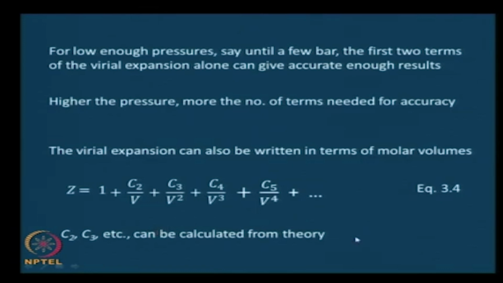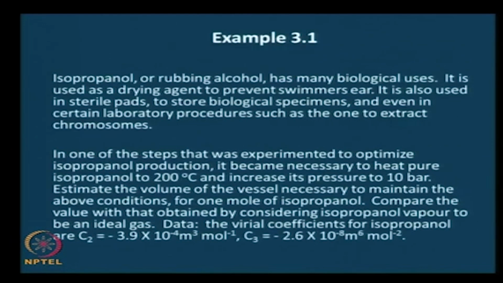Now we have looked at some new information, so let us work out an example or an exercise to understand this and gather the skills of application a little better. This is example 3.1. Isopropanol or rubbing alcohol has many biological uses. It is used as a drying agent to prevent swimmer's ear.